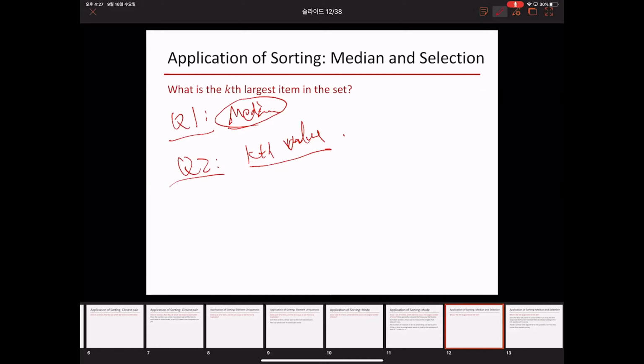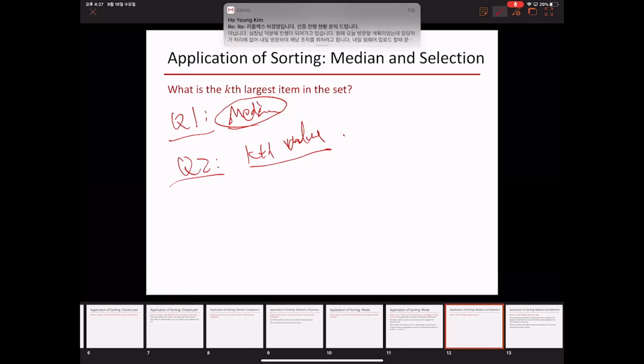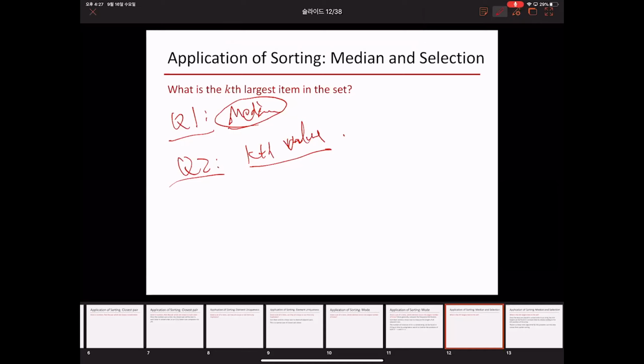Find the number at the index of length divided by 2. So do you mean that you sort them once, you know the length and find the one in the middle? Is that what you're saying? Yes. Okay, perfect.